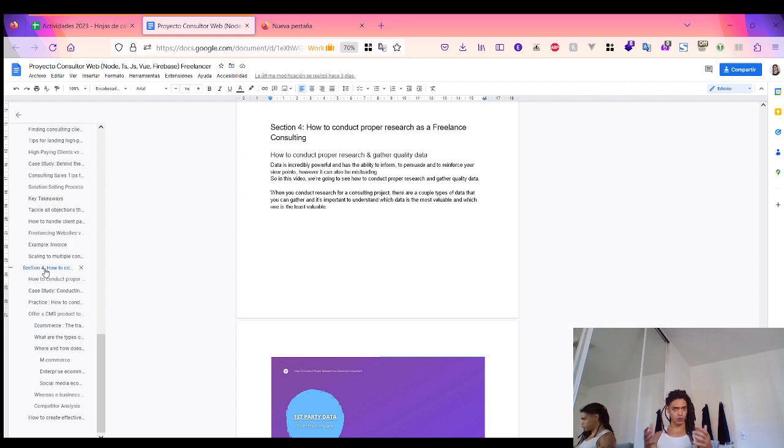So, especially when you're conducting research for a consulting project, it is important to understand what the most valuable types of sources are. First party data is data that comes from the company itself, which most of the time is behind an NDA, a non-disclosure agreement.